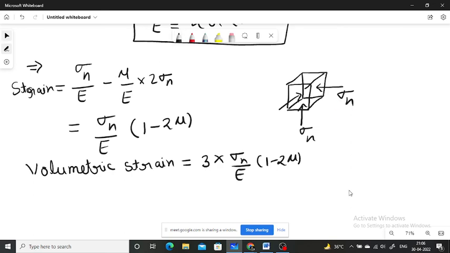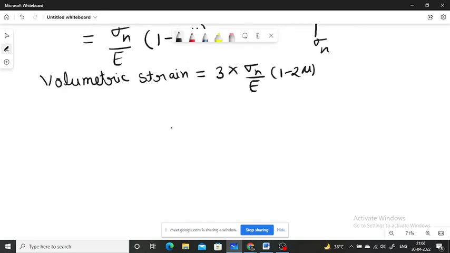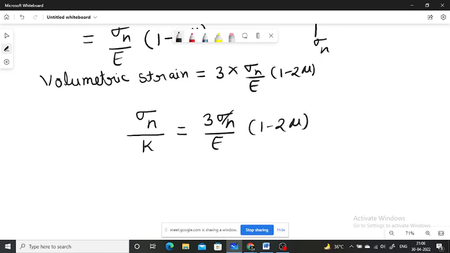We also know that volumetric strain is equal to the volumetric stress upon bulk modulus. So from here, 3 sigma n upon E into 1 minus 2 mu, sigma n and sigma n cancel. Here E is equal to 3K into 1 minus 2 mu, where K is the bulk modulus.